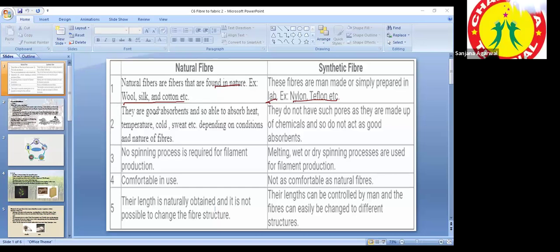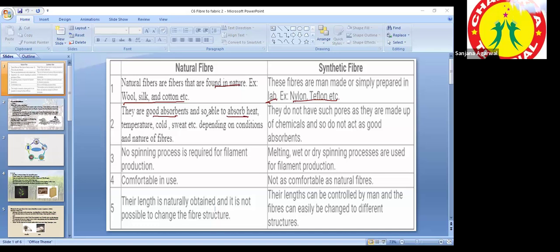So natural fibers are found in nature, and synthetic ones are prepared in a laboratory with chemicals. Because the fiber is natural and the texture is made such a way that they are good absorbents, they can absorb the heat, temperature, cold, sweat, everything.